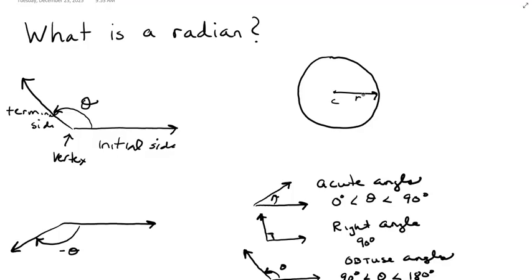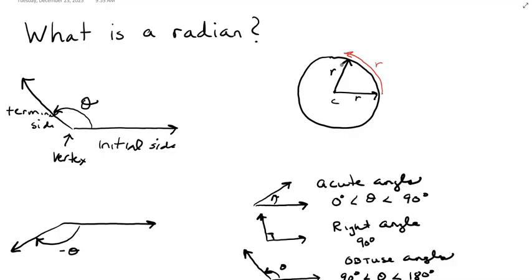Now, if I draw my terminal side in such a way that the distance from this part to that terminal side is also R, so again, that too is a radius because it's all coming from the center.